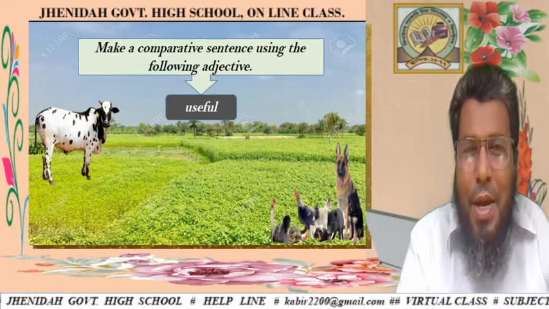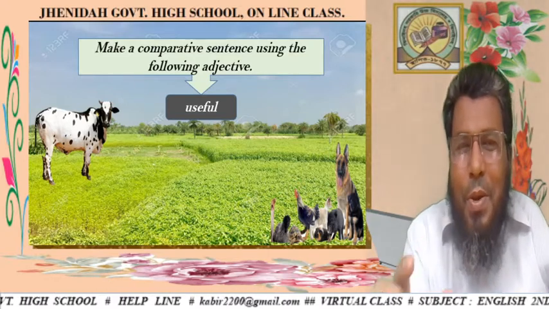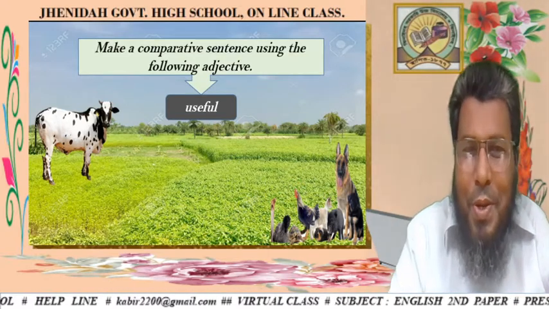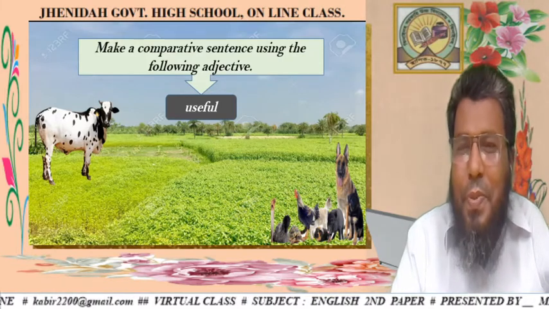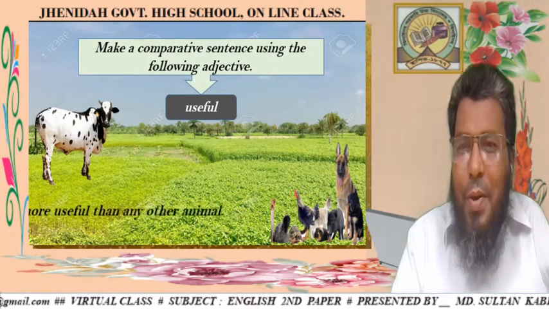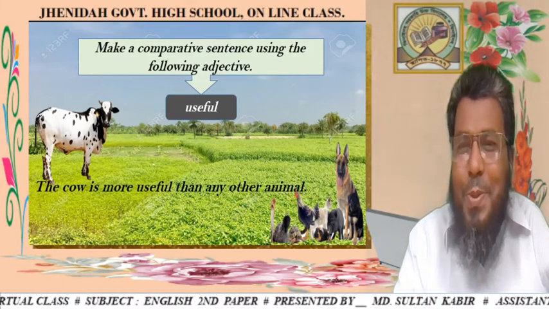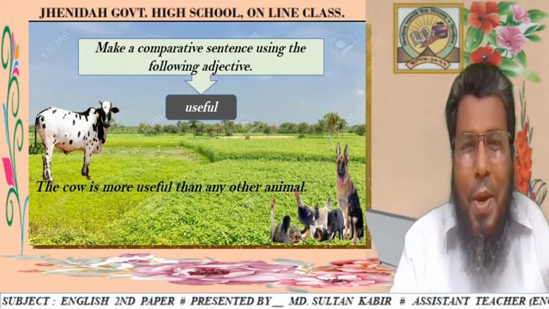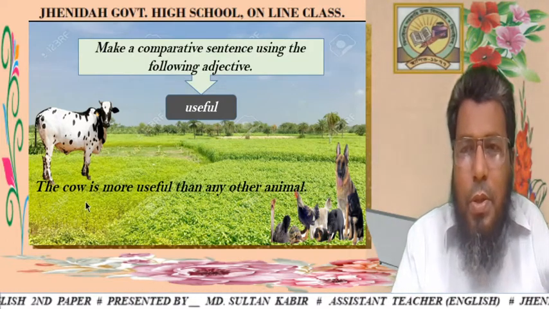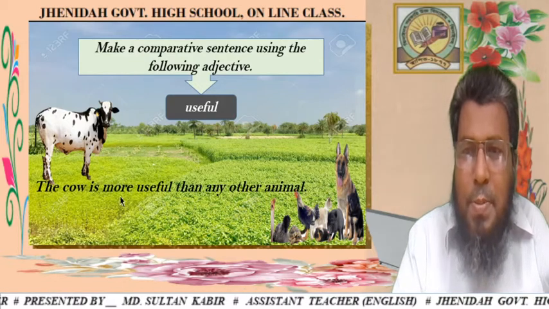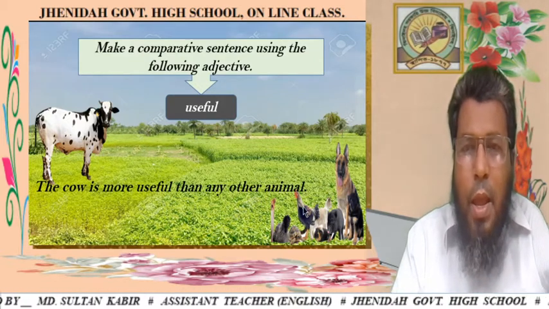So how can we make a sentence using all these clues shown here? Good learners, the cow is more useful than any other animal. So the cow, the noun or pronoun, the subject, is more useful than any other animal.